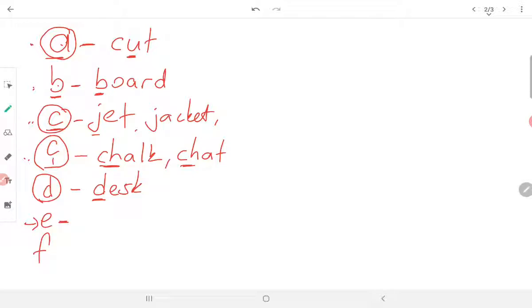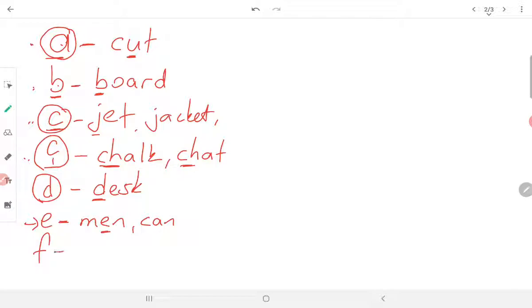But in Turkish, we say E, okay? E, E. Like you say in men, right? Men, E, E, E. Or we can say can, right? A sound. Please be careful.